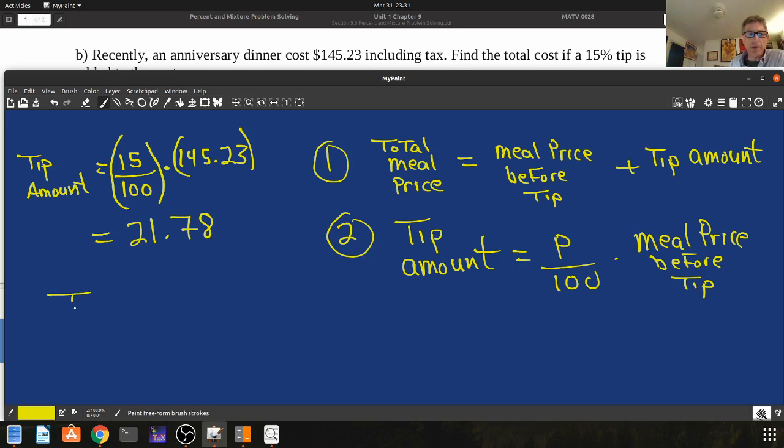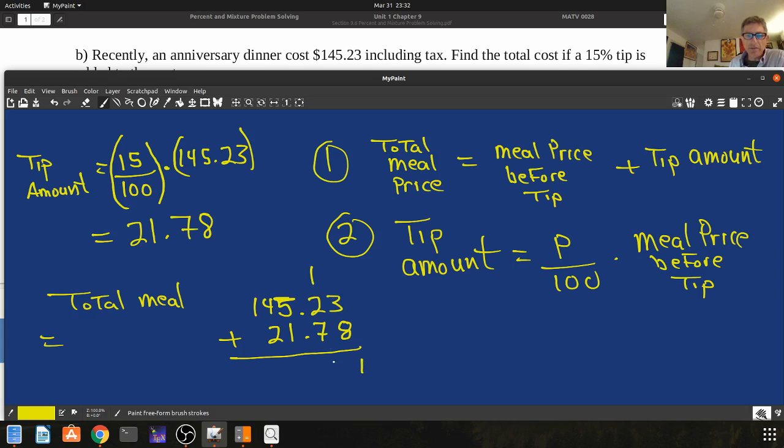So the total meal price is equal to the price before tip plus the tip amount. And this you can do easily in your head. 3 plus 8 is 11. Carry. So that's 3 plus 7, which is 10. Carry. 1 plus 5 plus 1 is 7.